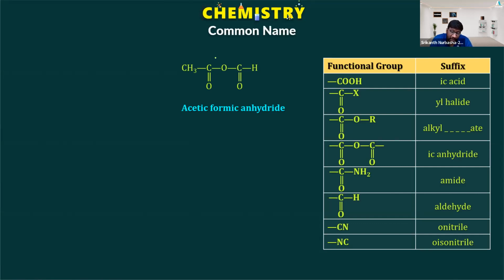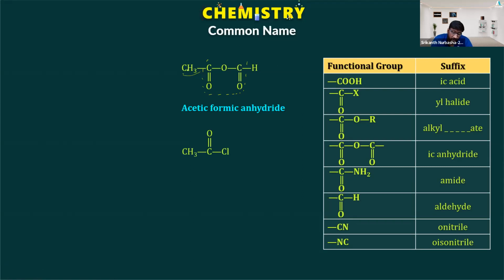If you look at C double bond O, O, C double bond O, it should be just an anhydride, but on the two sides we have different alkyl groups. One side we have methyl, other side we have hydrogen. With respect to CH3 C double bond O, you have acetic. With respect to C double bond H, you have only one carbon, that is said to be formic. So acetic formic anhydride.